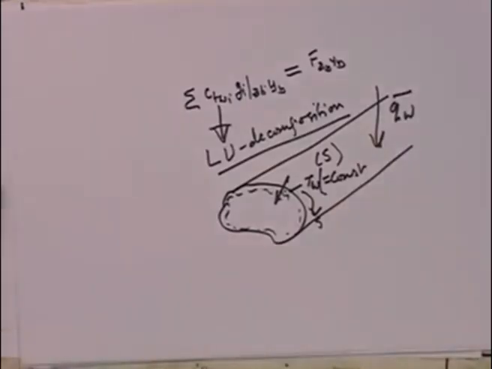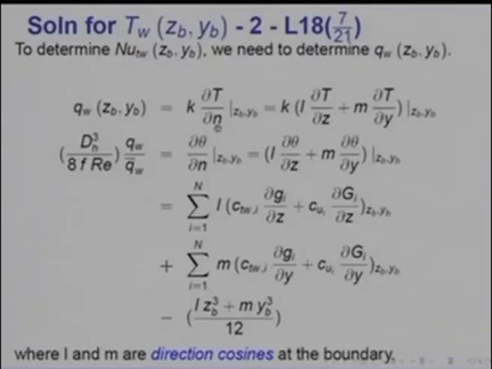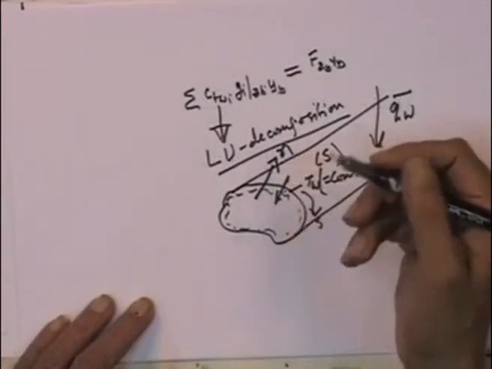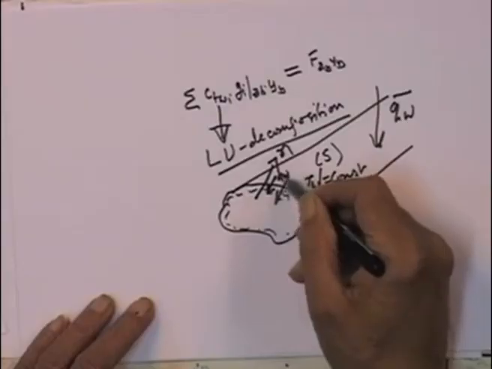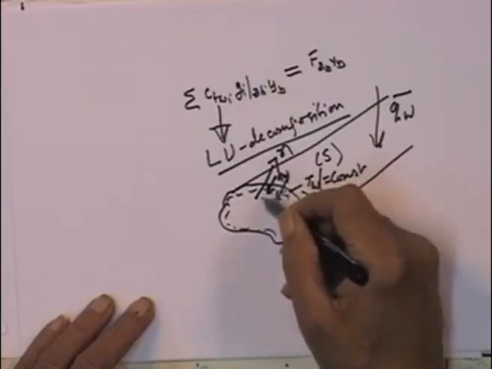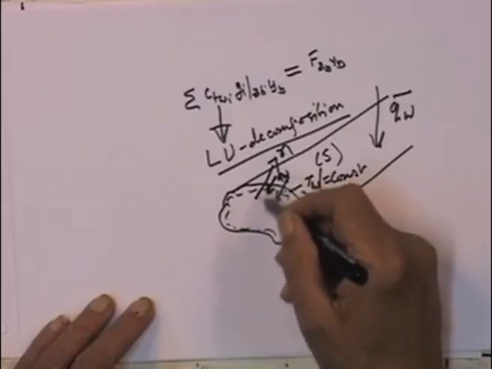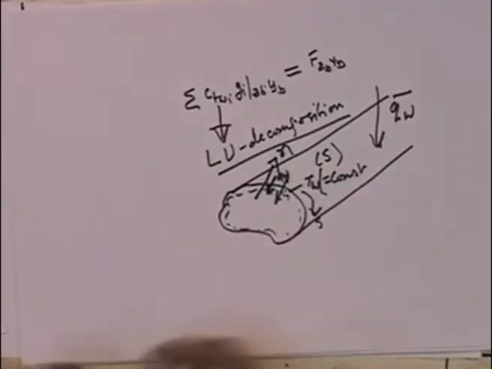All right. So, let us evaluate then the temperature gradient at the wall. It would be equal to k by dt dn at the wall, where n is normal to the wall. So, q w, which is coming into the duct, would be plus k times dt by dn at the wall, where n is normal to the boundary.